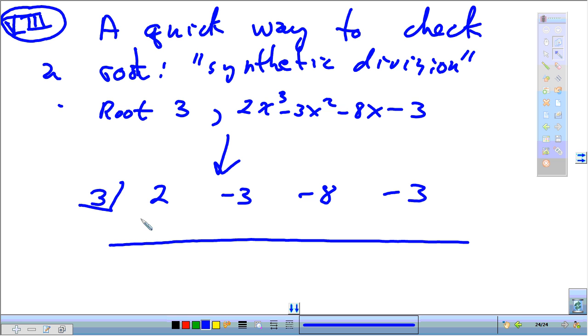Now I go through and start with the 2 and merely move it down and write it. The next step is to take the 3, multiply by that 2 I brought down, and bring it up. So that would be a 6 in the next column.